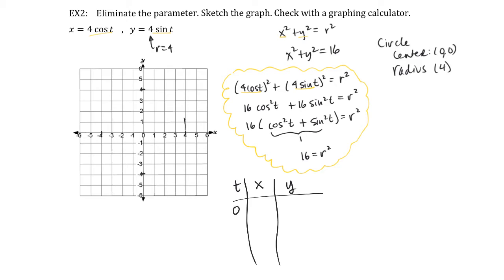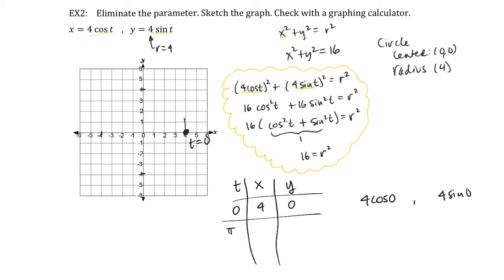I'm going to try 0. So that would be 4 cosine of 0. Well, cosine of 0 is 1, so 4 times 1 is 4. And then we would have 4 sine of 0. Well, sine of 0 is 0, so that would be the point 4, 0. So that's at t equals 0.